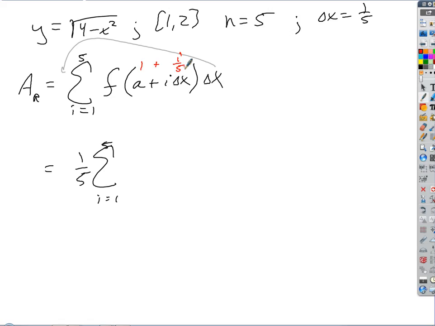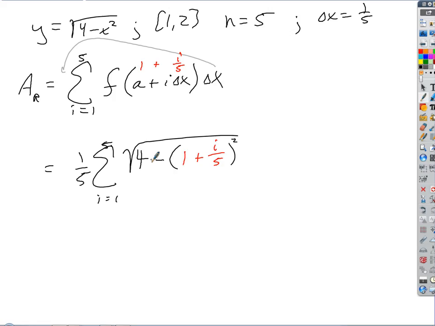So then we're going to end up with the square root of 1 minus that squared, right? Oh wait, no. Shouldn't it be 4? It's equal to 4 in the original equation. 4 minus, not 1 minus. Yeah, you're right. 4 minus.